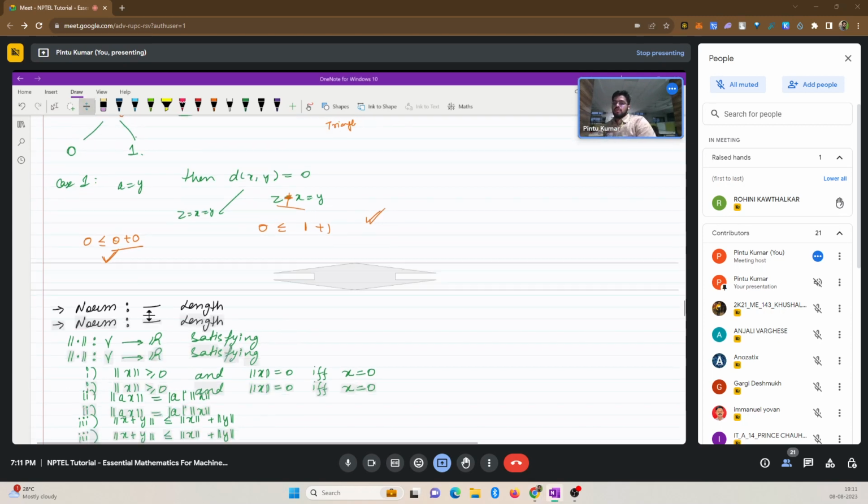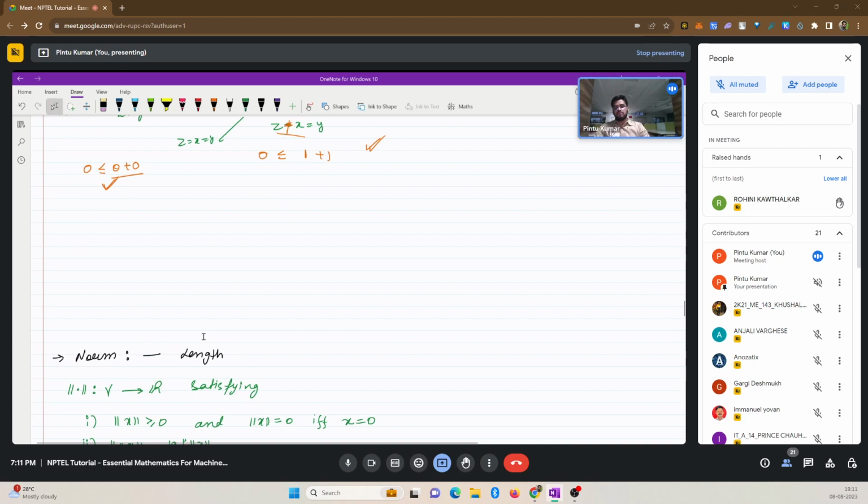Okay. Now, what we have done so far is a generalization of the notion of distance between two points. Earlier, until our school days, we only knew one kind of distance, the Euclidean distance. Now we know that we can define almost infinitely many distances that satisfy some particular properties.